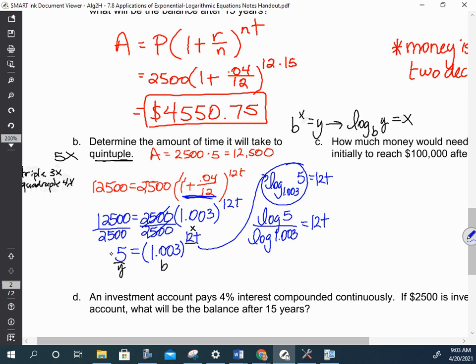Let the calculator do a little work. So you have 537.284. And then divide by 12.